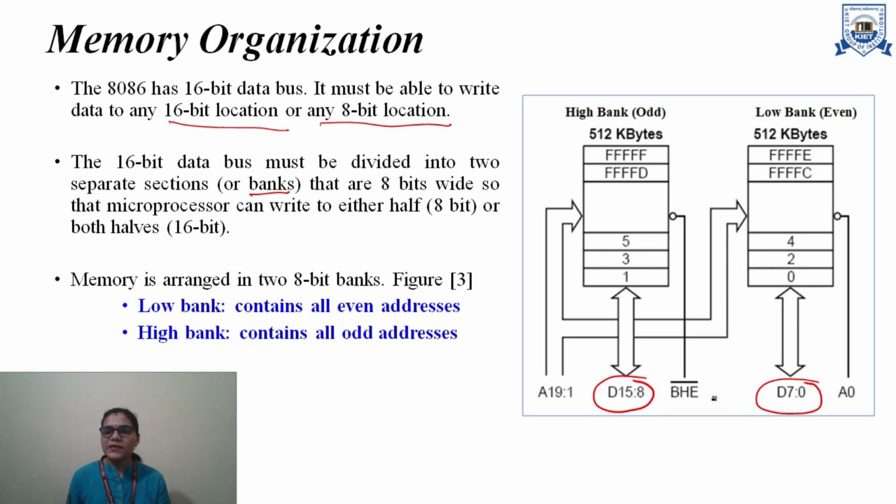The data bus is divided into 2 parts. And microprocessor 8086 can write to either half, 8-bit data, or both halves, 16-bit data. It can write 16-bit data at once or it can write 8-bit data in either of the banks.